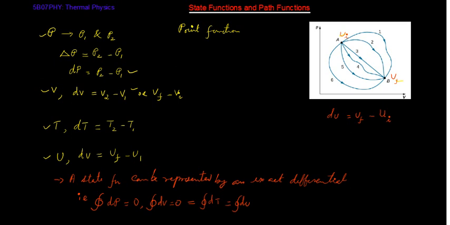Such functions are known as point functions. The conclusion is that all state functions are exact differentials, or perfect differentials, so they can be integrated to give the final value minus the initial value.